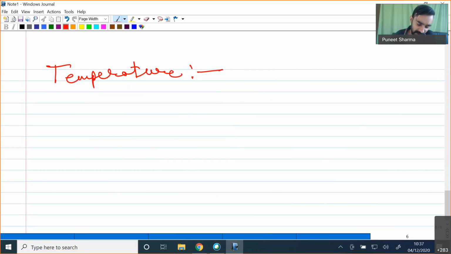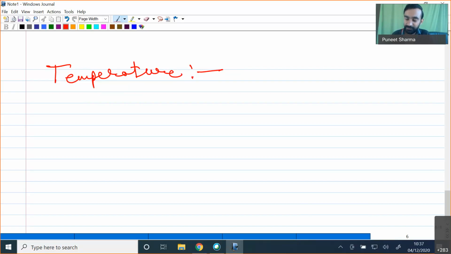Okay, so temperature is a very common term which all of us can generally express by just feeling the degree of hotness or coldness of some system if we touch it. For example, when we touch a hot metallic rod, we perceive that it is of high temperature.